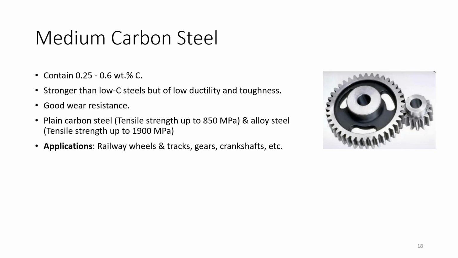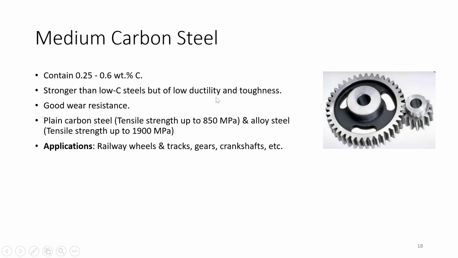Okay, so in case of medium carbon steel, you have carbon from 0.25 to 0.6 weight percent. It is stronger compared to low carbon steels, but of low ductility and toughness. I already told this, I'm repeating because of the voice break. Here ductility and toughness are reduced because of the high percentage of carbon.